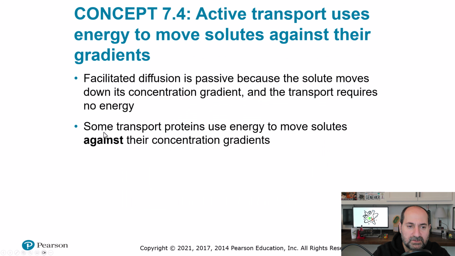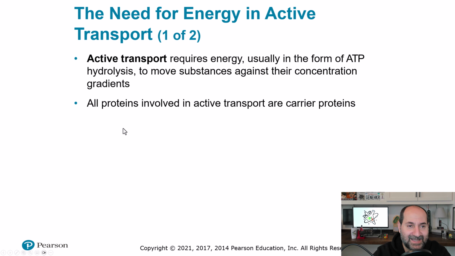Remember, when a transport protein needs to use energy to move solutes against the concentration gradient, this is known as active transport. So with passive transport, a substance is moving across a membrane down the concentration gradient from high concentration to low.